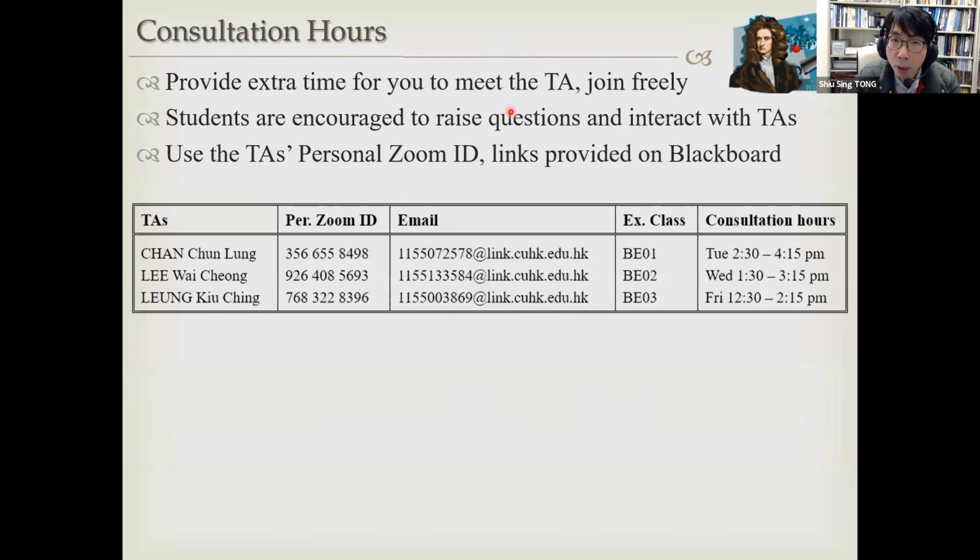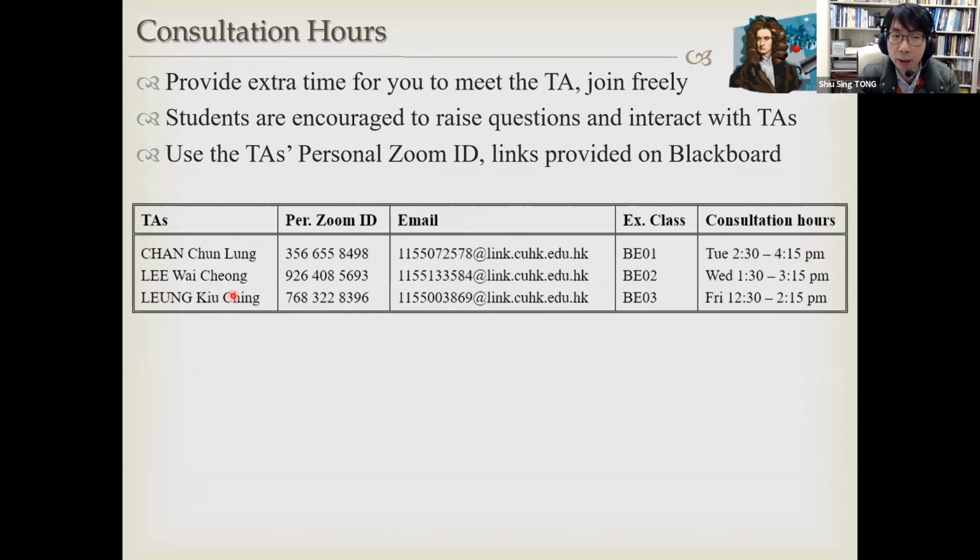We also have consultation hours, which are provided by the TAs. Juno, Wai Chang and Kim have prepared several time intervals for providing extra help in your learning. If you want to find Juno, you go on Tuesday, 2:30 to 4:15.